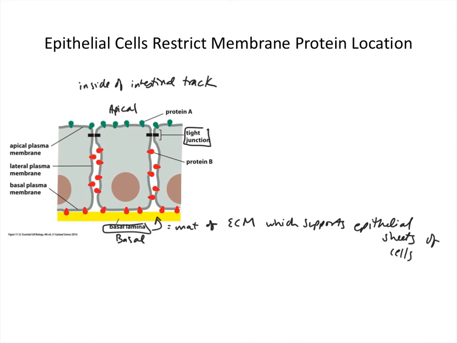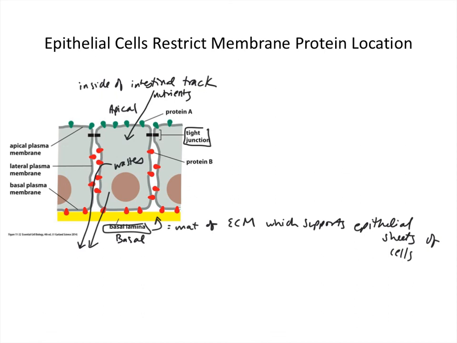And just to be clear about the role of the proteins, the nutrients are coming into the cell through the apical side, and wastes are going to move out the basal and lateral sides. And this is due to proteins, which are located in each of those domains.